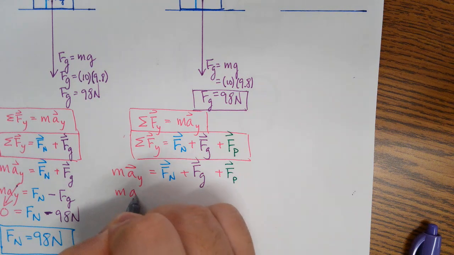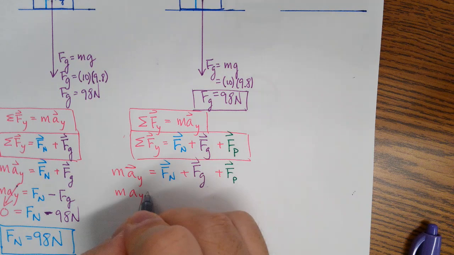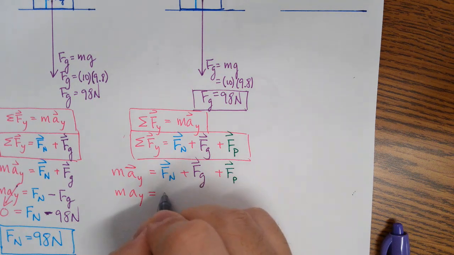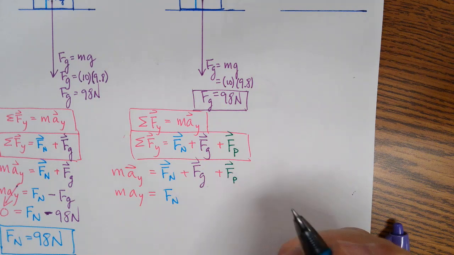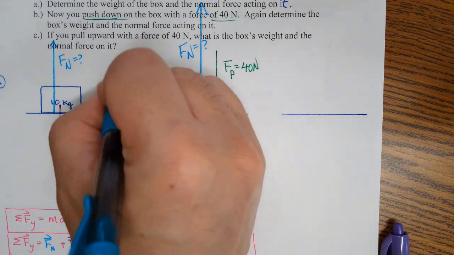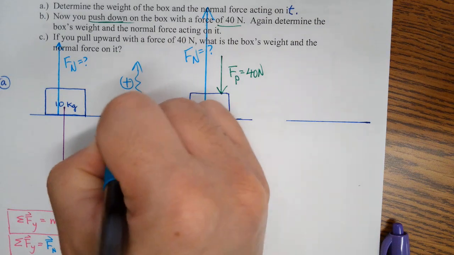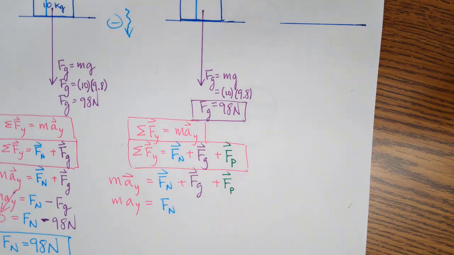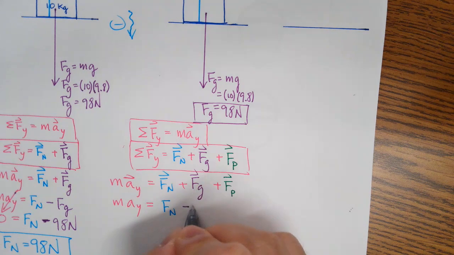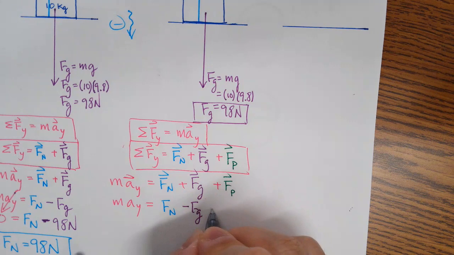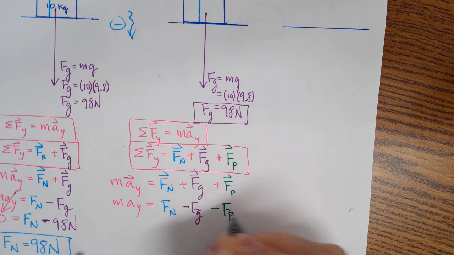So m a_y, I'm going to give directions now, is equal to F normal. Looks like it's positive because it's pointing up. Okay, so I'm going to call up positive, down negative. So here my Fg is negative Fg, and force push is also negative F push.